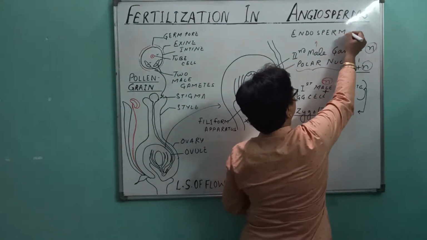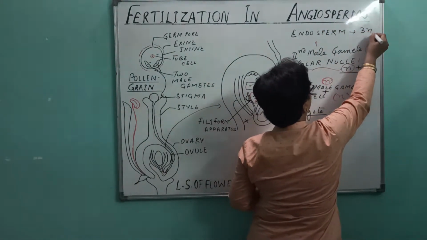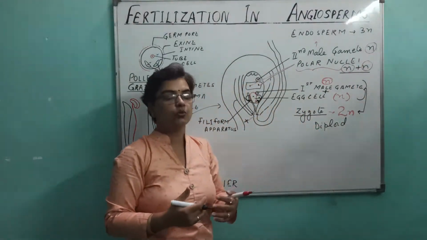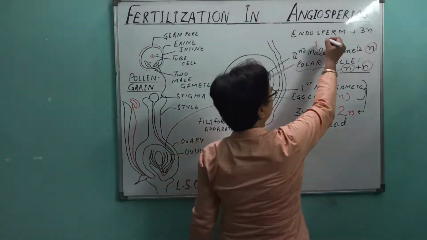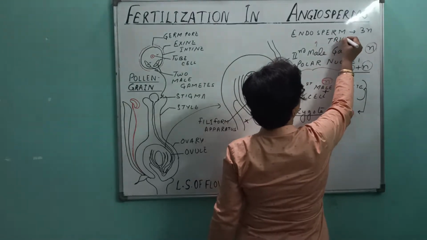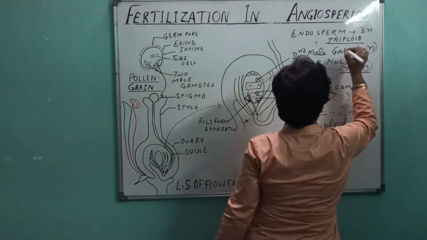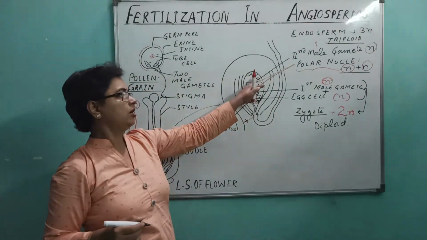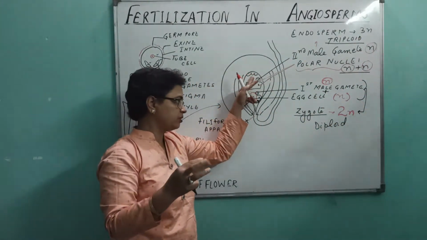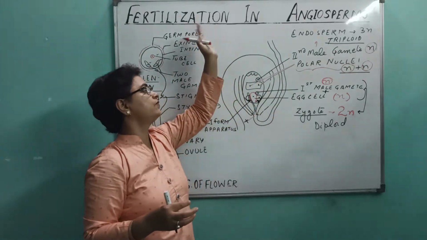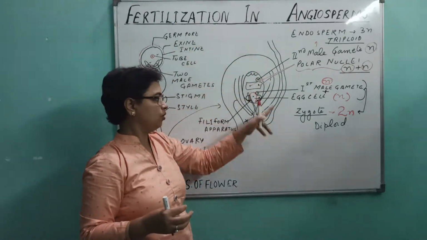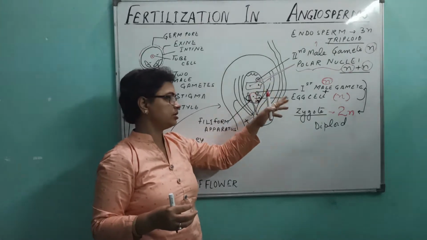This endosperm is 3N. For this 3N we use the term triploid. Going to write this one also. Triploid. Result is the triploid. At the top in the embryo sac there are 3 antipodals, but as we are studying about fertilization, they have no role in between these two processes.